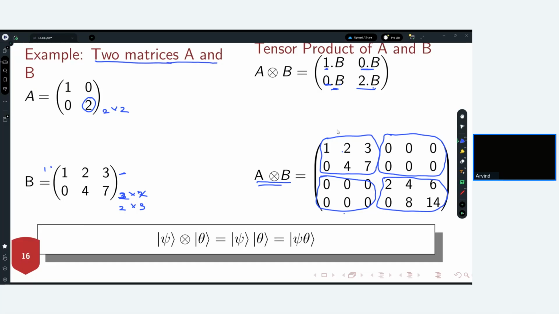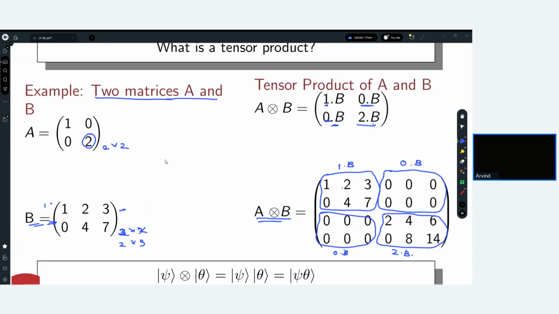So this is 1 times B. This matrix is 0 times B, this subgroup is 0 times B, and this group is 2 times B. The matrix B is this B matrix. In this way you can calculate the tensor product.